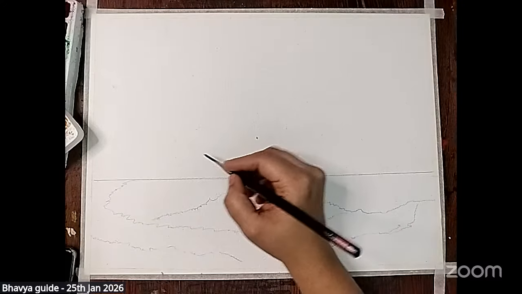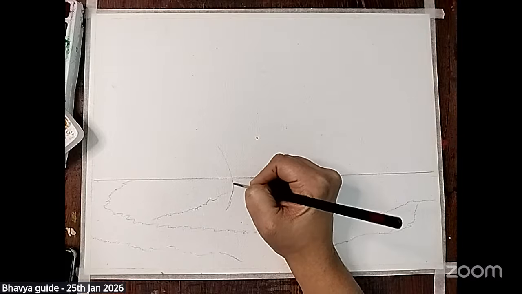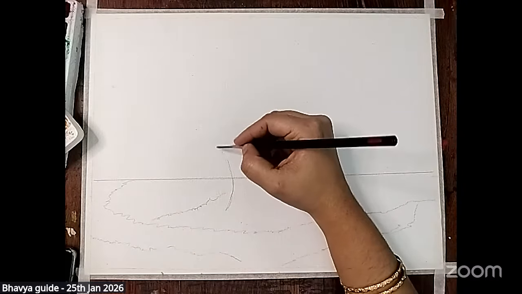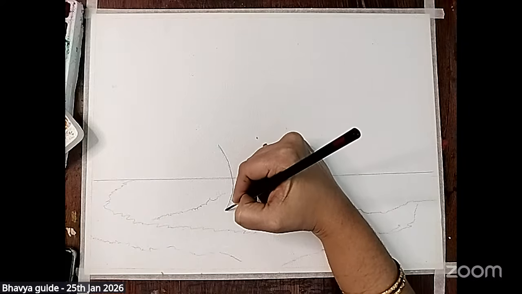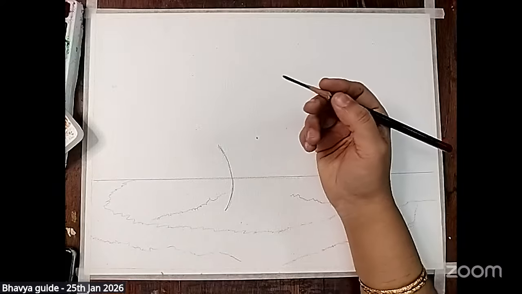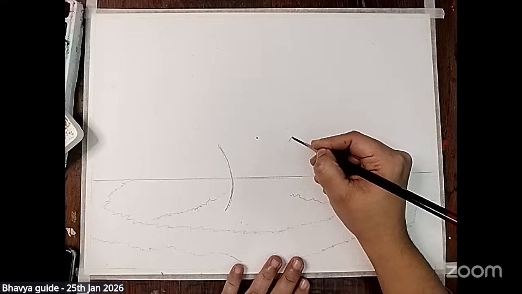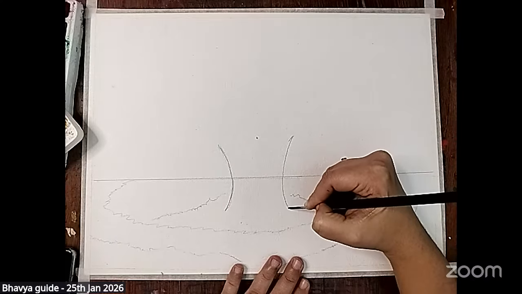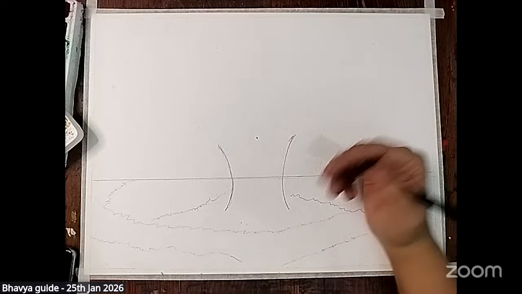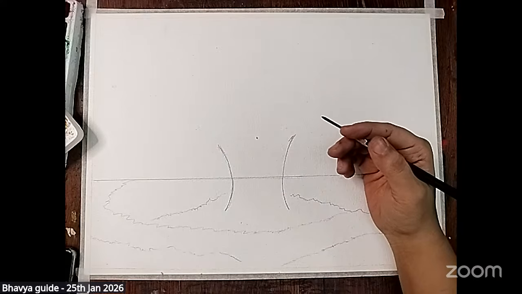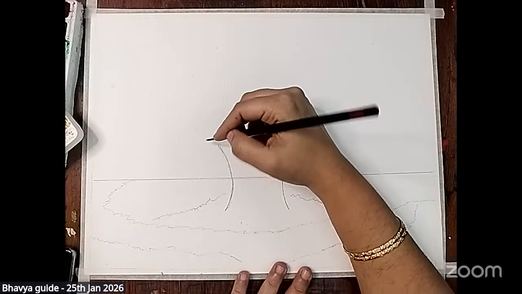Now start drawing the tree. I have not yet drawn anything, I'm just drawing the lines. So don't copy immediately. First you need to observe. Observe everyone, then automatically you can do it.